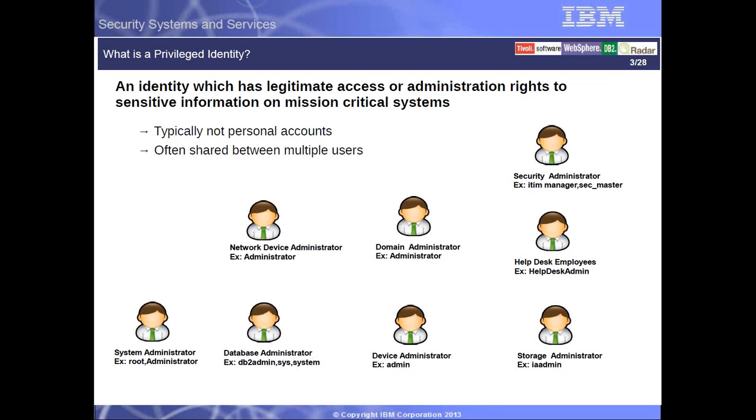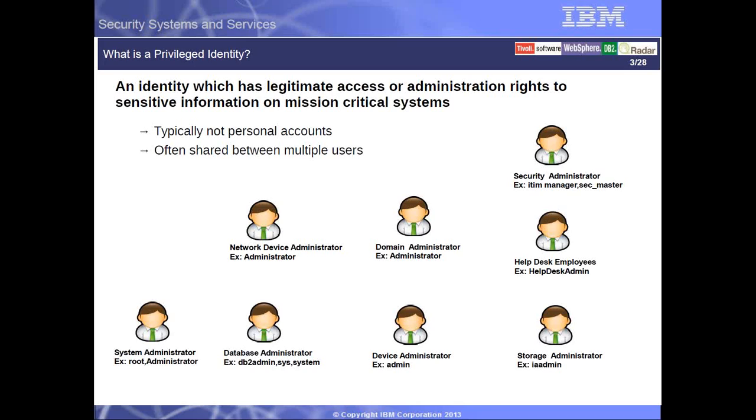So, what is a privileged identity? Most of us know that, just to set the context, it is an identity which has legitimate access or administration rights to sensitive information on mission critical systems. These are not necessarily personal accounts or individual accounts.